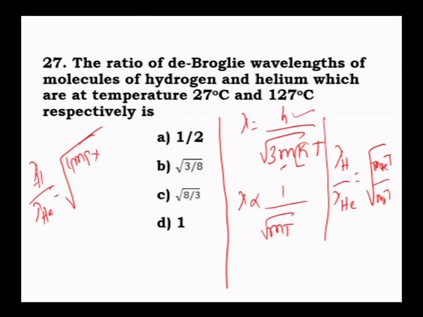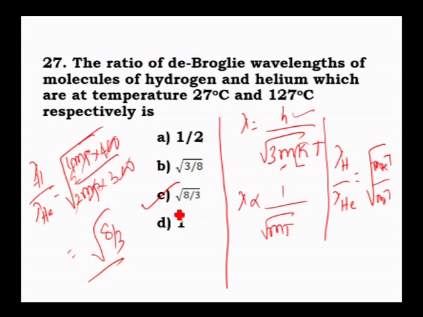Into temperature, helium is maintained at 127 degrees, convert to Kelvin: 273 plus 127 is 400, correct? Divided by hydrogen molecule, that is 2 times mp, into temperature 300. MP cancels, 2 1s are 2, 2 2s are 4, zeros cancel, root of 8 by 3. Root of 8 by 3 remains, third option.